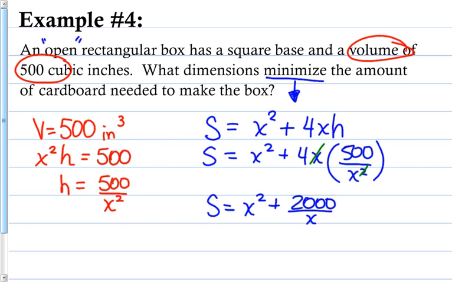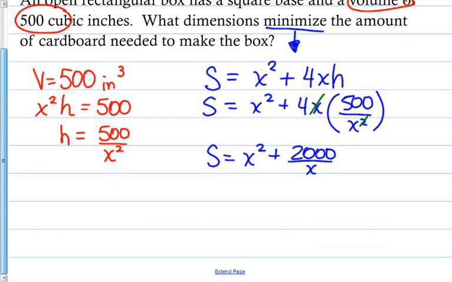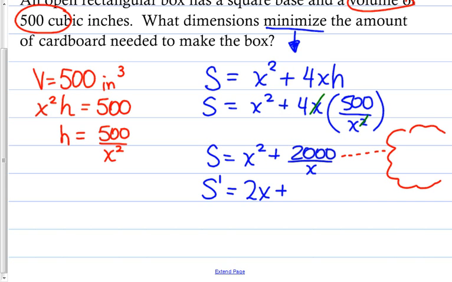With only one variable in it, I'm going to go ahead and derive. So I get 2x. And then if you derive 2,000 over x, okay, little side note here: 2,000 over x is really 2,000 times x to the negative 1 power. If I want to derive that, bring the negative 1 to the front and multiply, so negative 2,000, and then subtract an exponent.